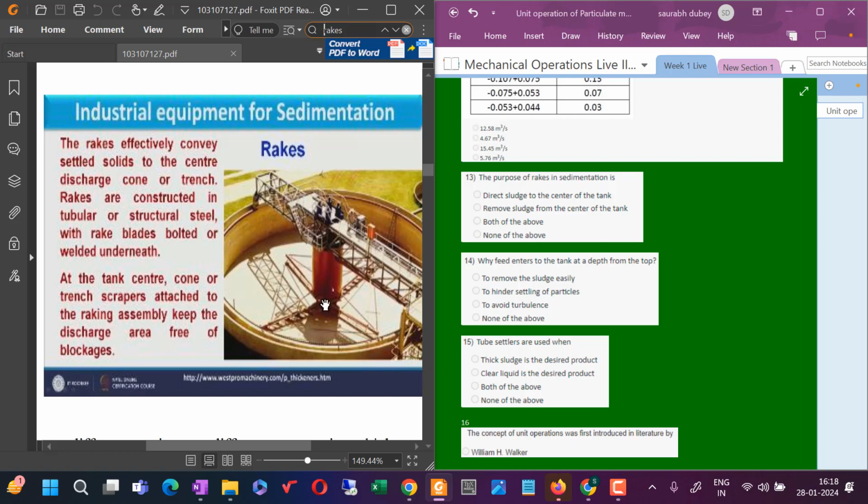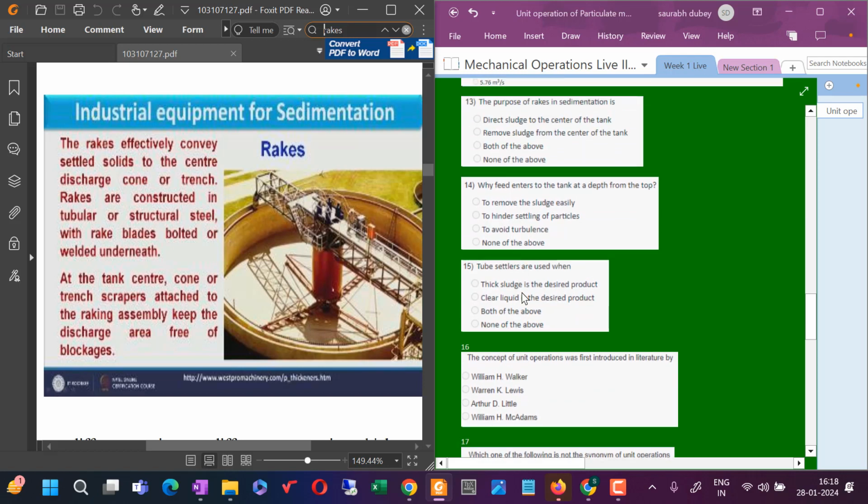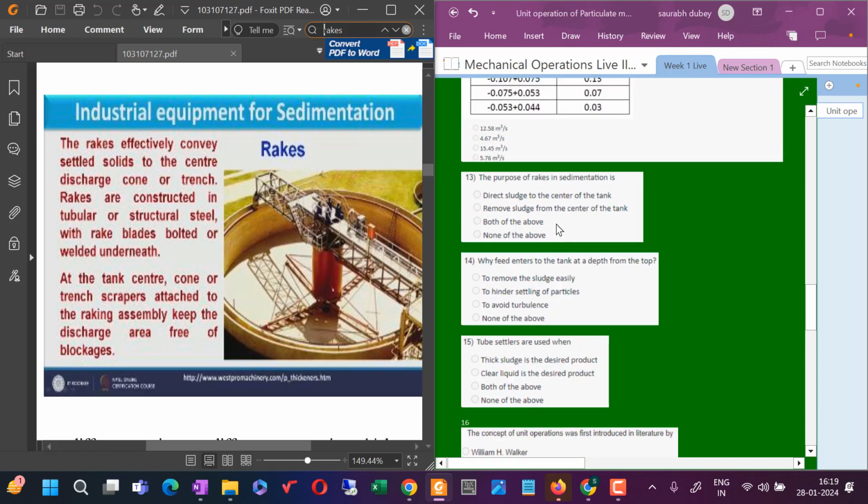So there is another question: why are these cone or trench scrapers used? They keep the discharge area free from blockage, so that's why they are used. And then tube settlers. So option A is the correct answer for question number 13.